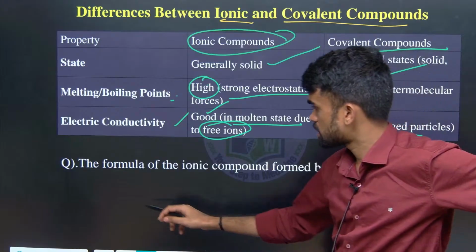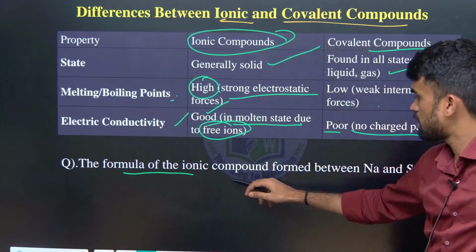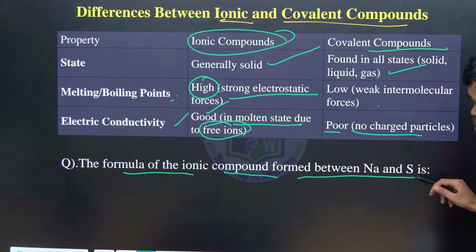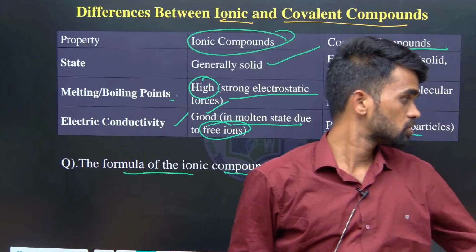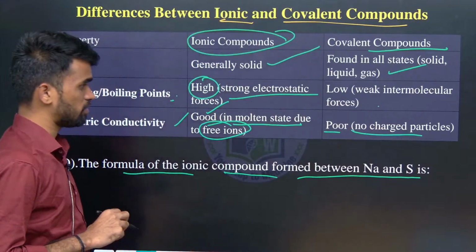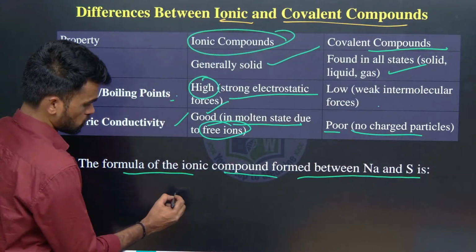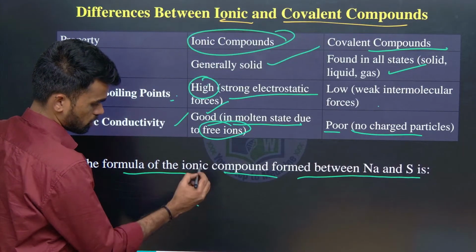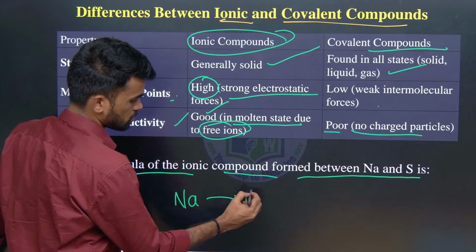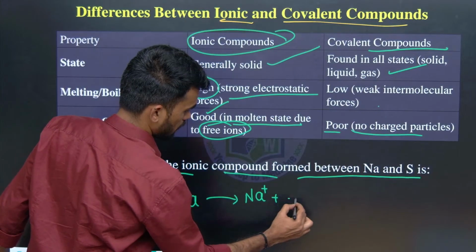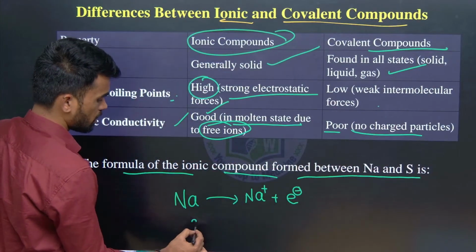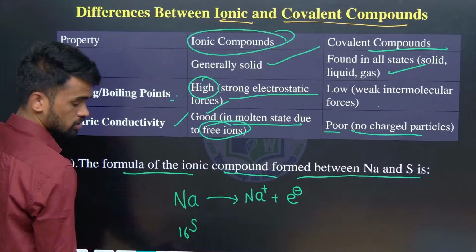Then next, the formula of an ionic compound. Tell me the answer: the ionic compound formed between sodium and sulfur. How is the ionic compound formed between these two? We know sodium loses one electron and forms Na+, whereas sulfur has how many electrons?